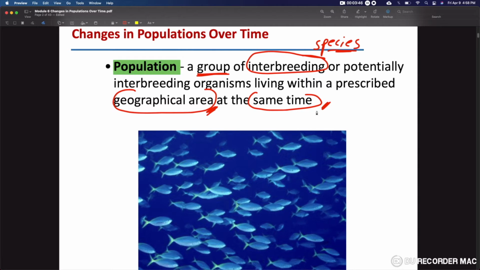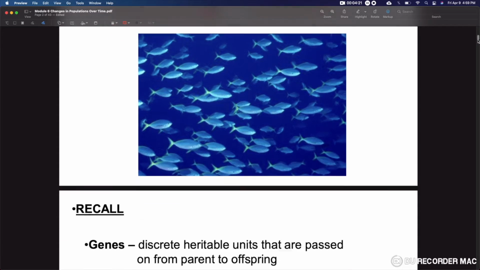Keywords: interbreeding, geographical area, and time. For example, the population of UPB students: they are the same species, they can interbreed with one another, the geographical area is your UPB campus, and you can also add the year 2021. That's how we define population in Science 11.